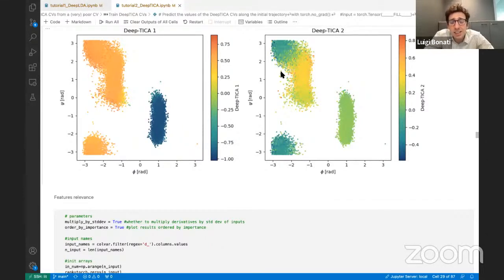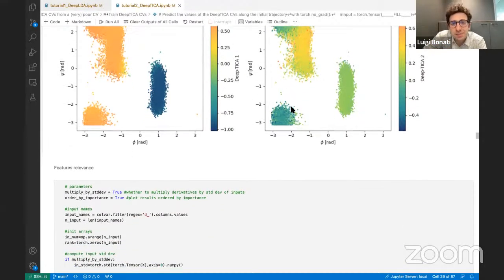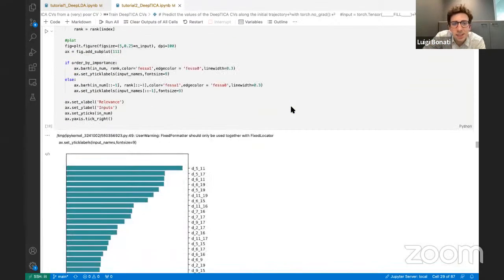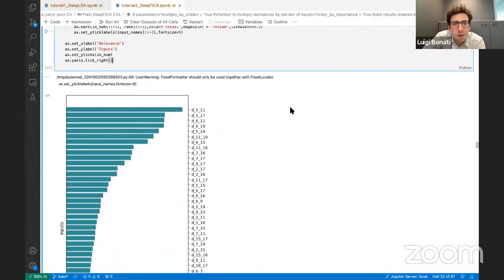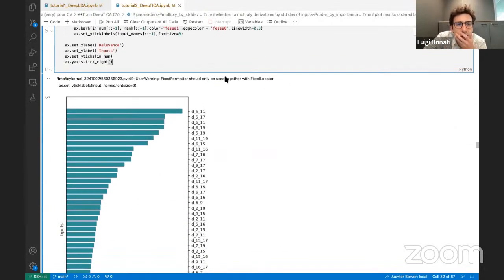Our initial enhanced sampling simulation in this case was performed biasing the psi angle, which means that what we try to do is to enhance the fluctuation of psi, and so make transitions along it faster. I think I will go back to this a little later.